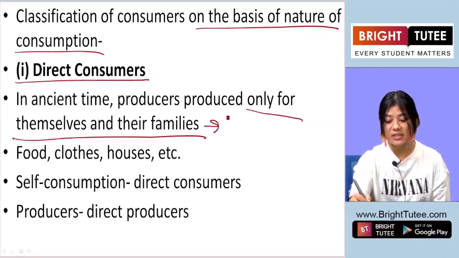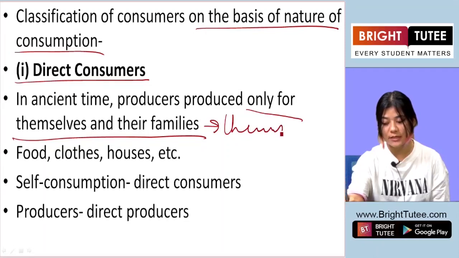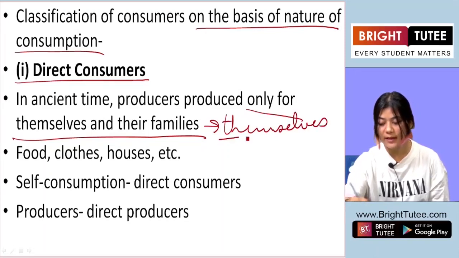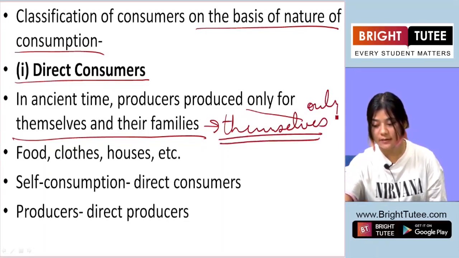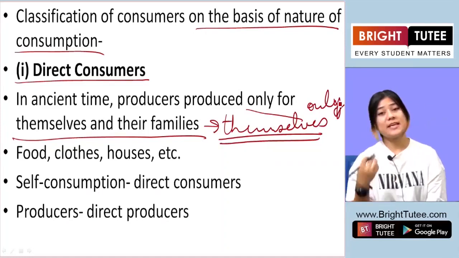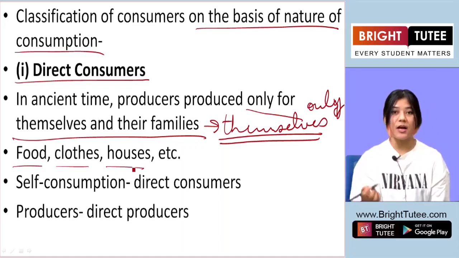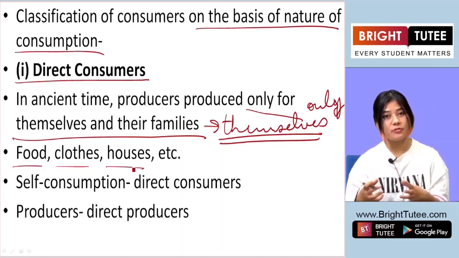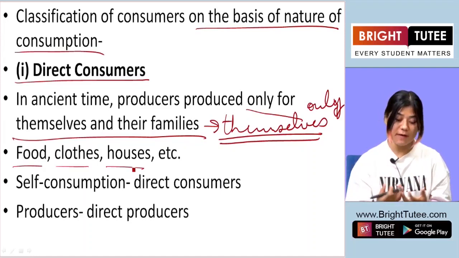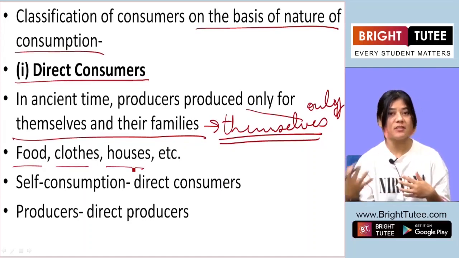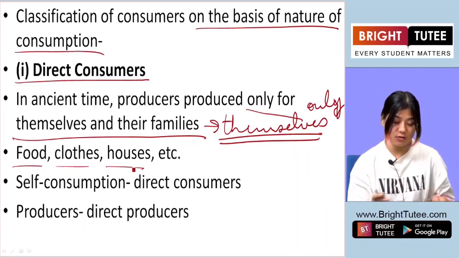The things that they needed, like food, clothes, houses, etc., were made by the producers only for their family, not for the neighbors, not for the entire village, okay.